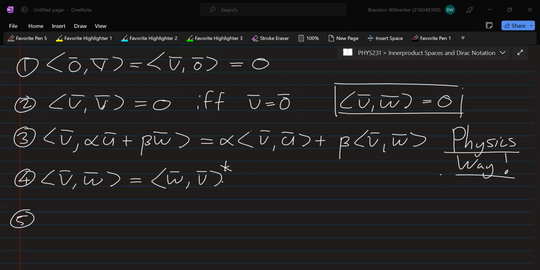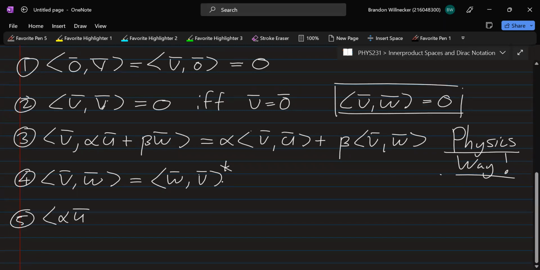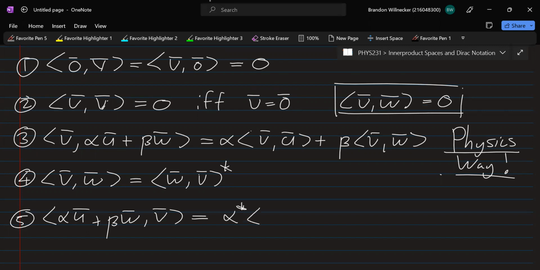So if we swap this around, we get alpha u plus beta w with v. Here we get this complex conjugation, so we get alpha conjugate, u with v, plus beta conjugate, w with v.